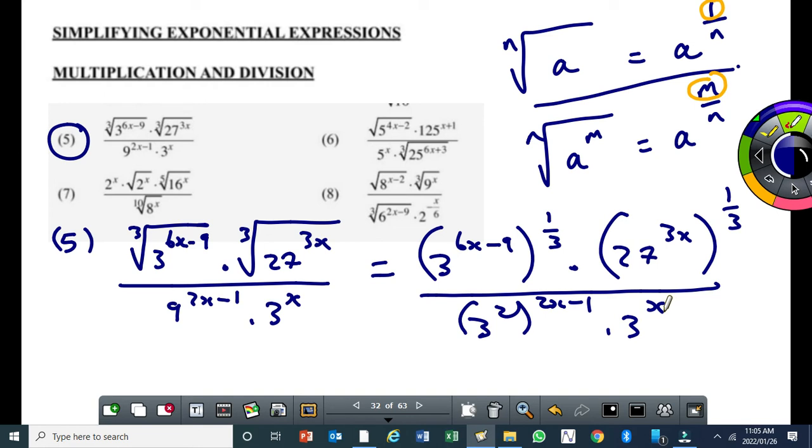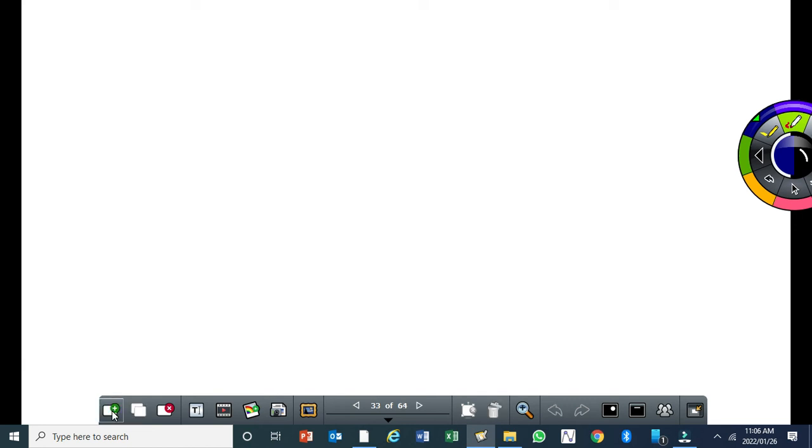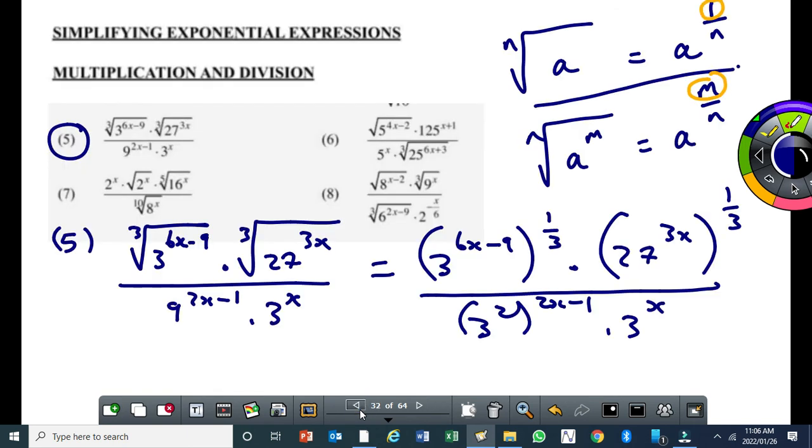The next thing I'm going to do is remove the brackets. Allow me to remove the brackets on the next page. For the first term in the numerator, which is multiplying the second one, I'm allowed to multiply the 6x minus 9 by 1 over 3.